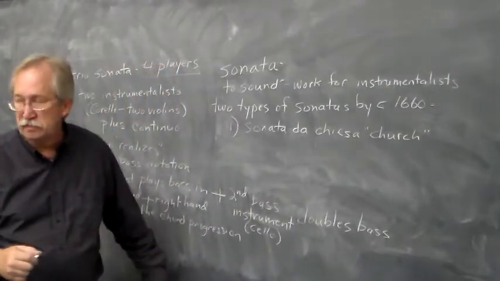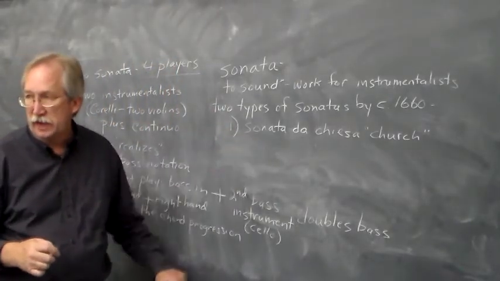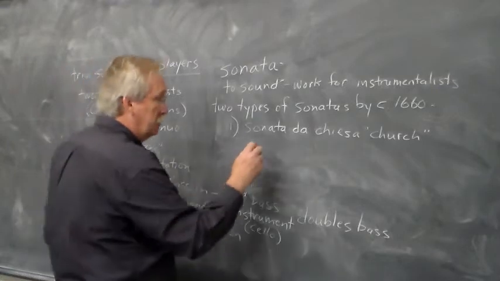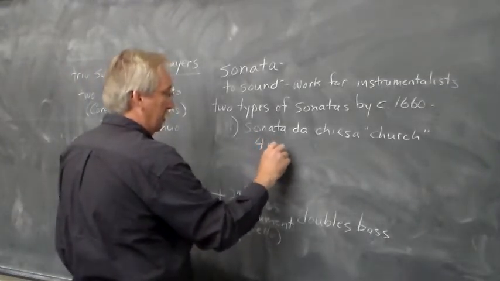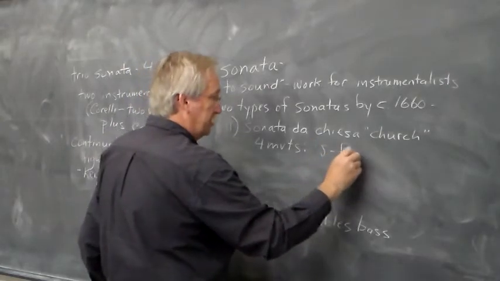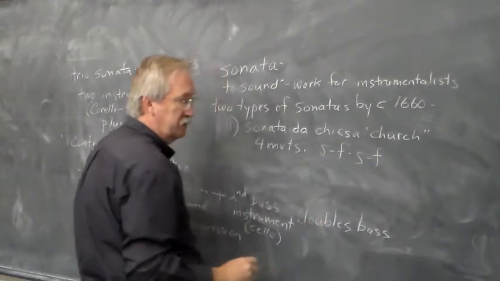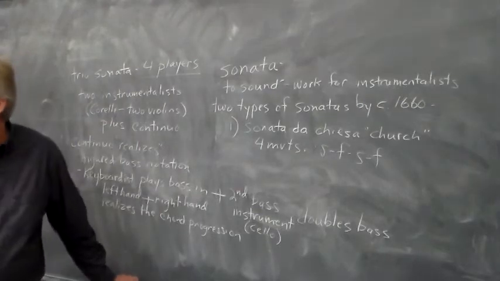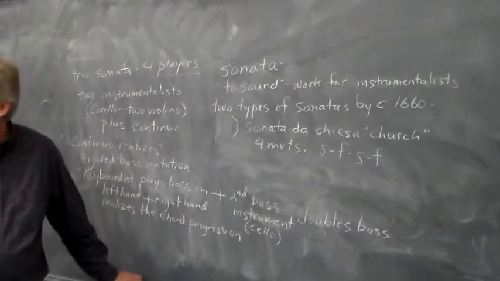And this particular type of sonata had 4 movements. And they were in this order of tempi: slow, fast, slow, fast. So that's what you look for in that particular type.